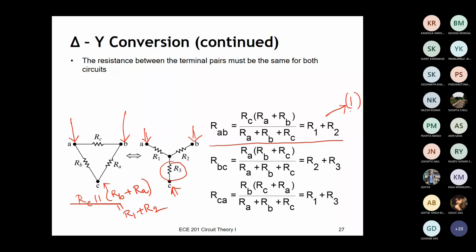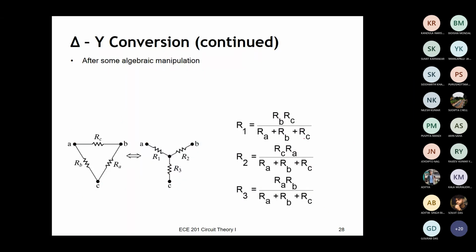So this is equation 1, this is equation 2, and this is your equation 3. You can solve from them the way you want. You can add them all together, which will be easier, I think. Then if you subtract equation 1 from the sum of all three, you can directly get R3. If we do that, we find that R1 is equal to RBRC divided by the summation of all these three.